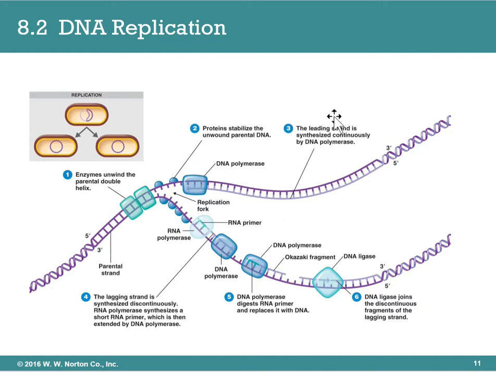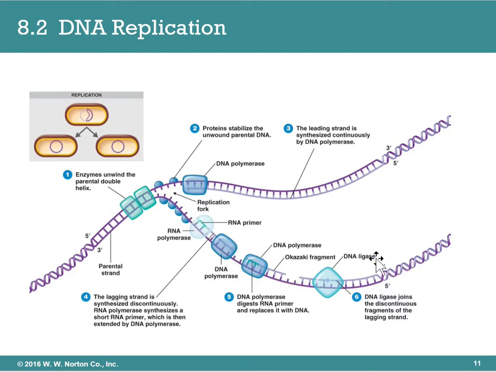It won't ever be replicating on the exterior side. It'll always be interior. So you replicate on the leading strand in the 5' to 3' direction, and you are also replicating on the other strand in the different direction, from 3' to 5'.